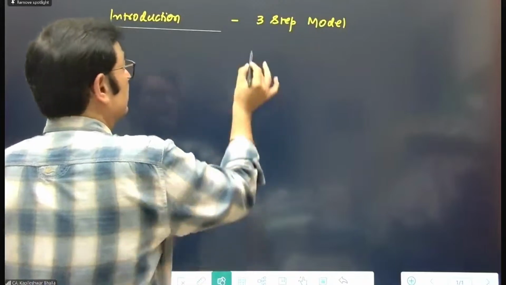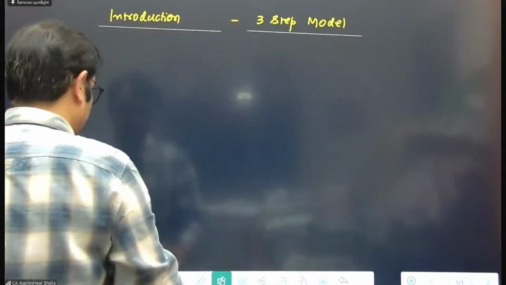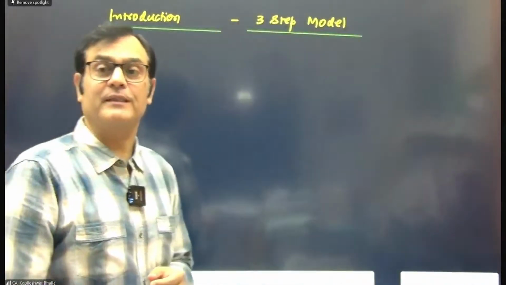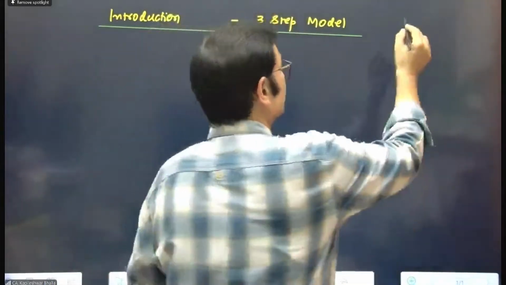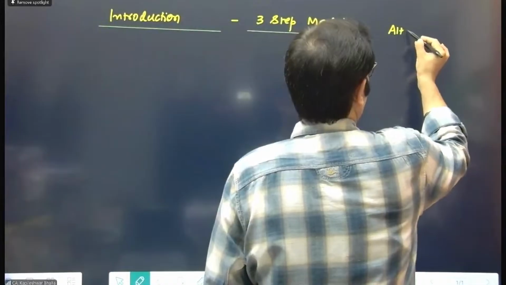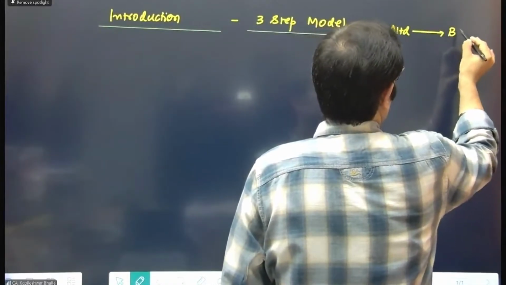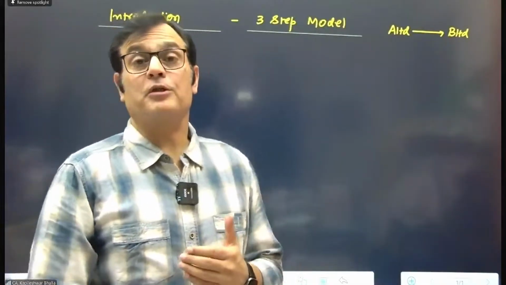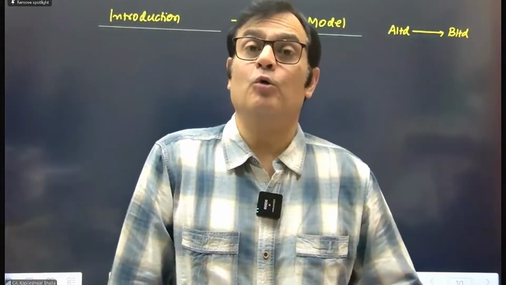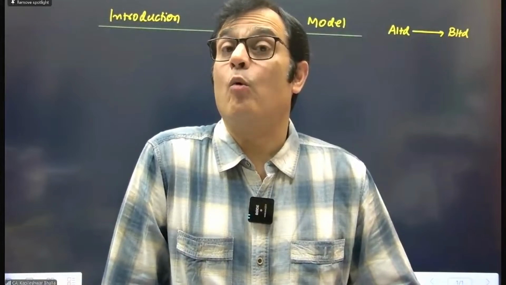So in the background, in order to appreciate the three-step model, just keep one simple thing in mind. Let's say company A acquires something from company B. So we'll take an example that there is a company A and it acquires something from company B. We're going to put some questions to A Limited, who can technically be called the acquirer, though I think it is more appropriate to use that word once we establish the relationship.